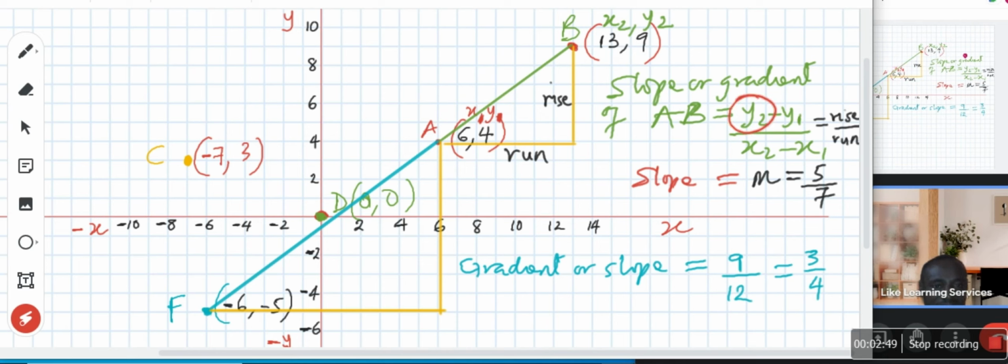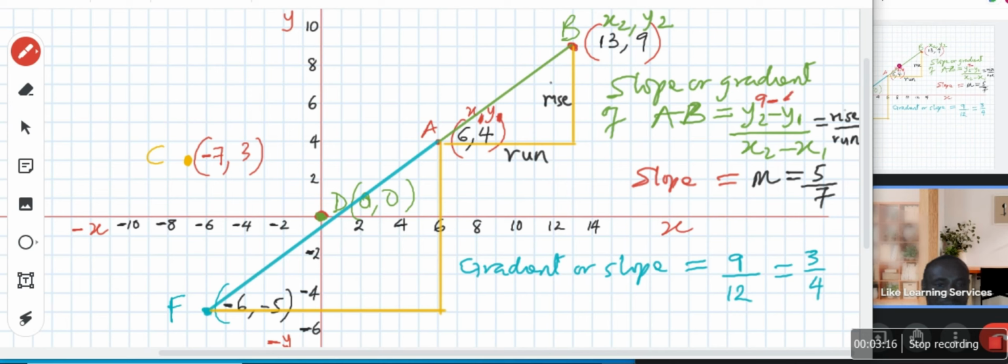In this case, what would you have written for y2? See the one that represents y2. 9. So I would have written 9 there. For y1, what would you have written? 4, exactly.